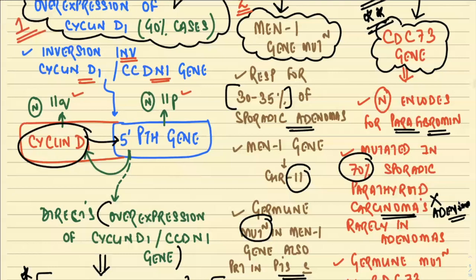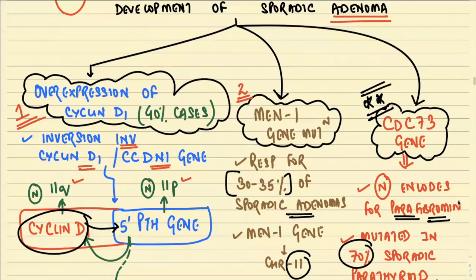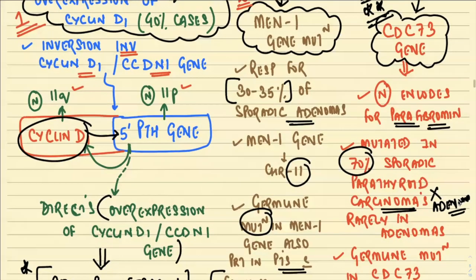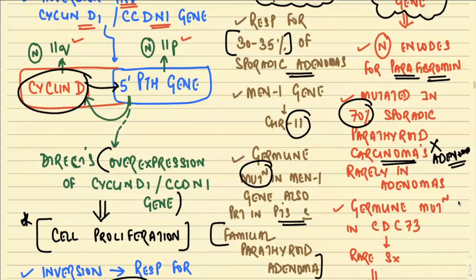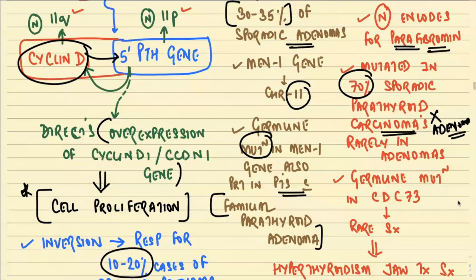The alterations, overexpression of cyclin D1 and MEN1 gene mutation, are limited to adenomas. Whereas the CDC73 gene mutation is seen in 70% of sporadic parathyroid carcinomas, not in adenomas. Very rarely it will be in adenomas, and this is the MCQ which is asked.